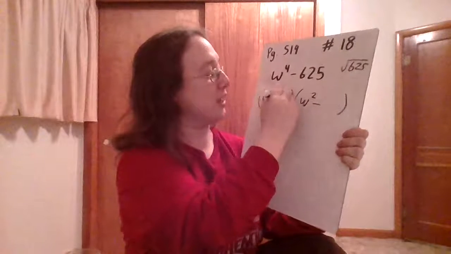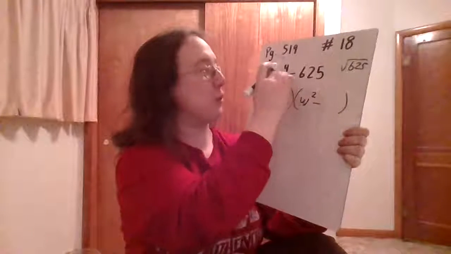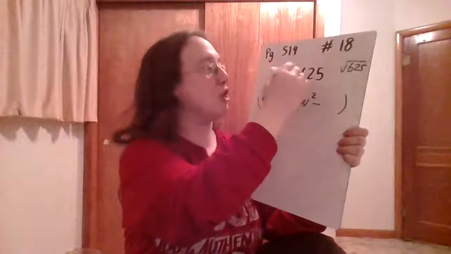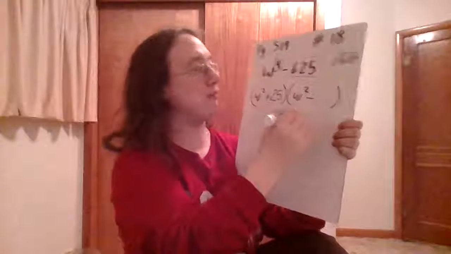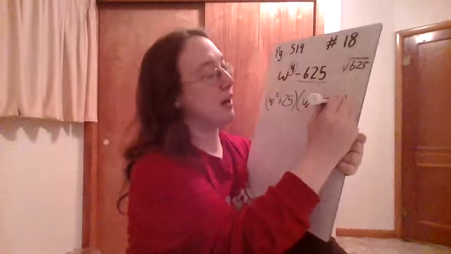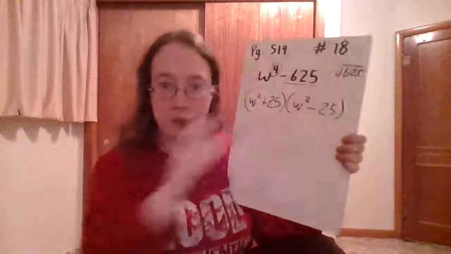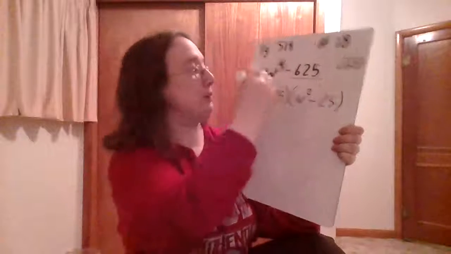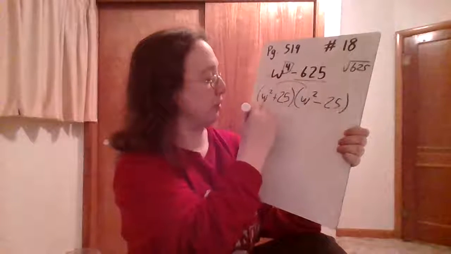So if we just have, well, in this case, a fourth, where if we had a fourth or a squared or a sixth or something even here, and then we don't have a middle term before our minus a something, we know we want a positive and a negative of the same thing, because when we FOIL that back out, those two terms are going to cancel. Because if I took this and I FOILed it back out, I'd have this w to the fourth.